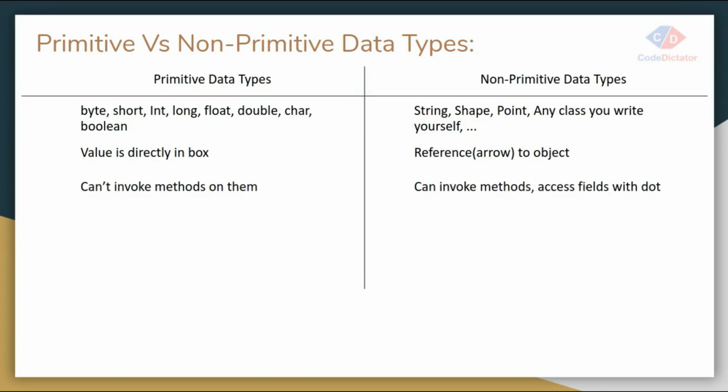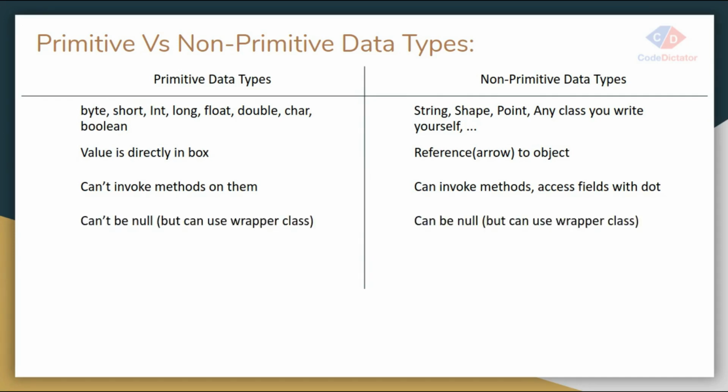In a primitive data type we don't have methods, so you can't make any dot method calls on a primitive data type. But in a non-primitive data type we have methods for the object, so we can invoke methods on the object. It means we can use the dot operator to access that particular method.